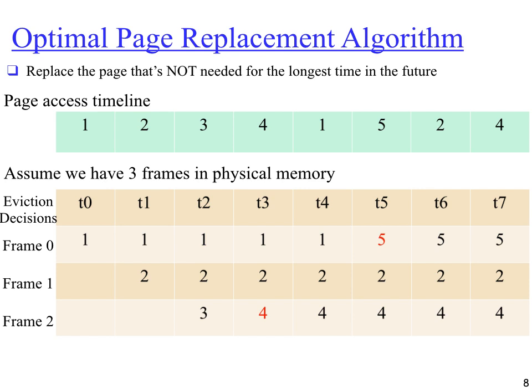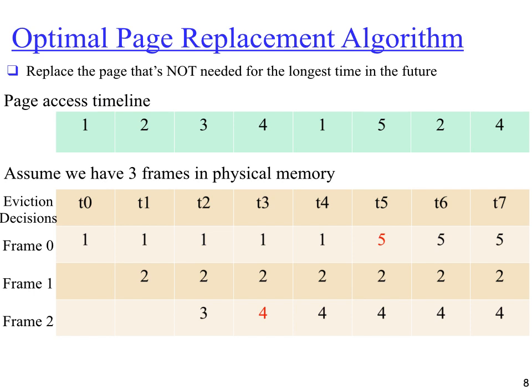Finally, we run out of physical memory slots. So when page 4 is accessed at time t3, we have to select one of the pages as victim pages, one of the pages 1, 2, and 3. So we look into the future. After page access 4, we see which page will not be needed for the longest time among 1, 2, and 3.